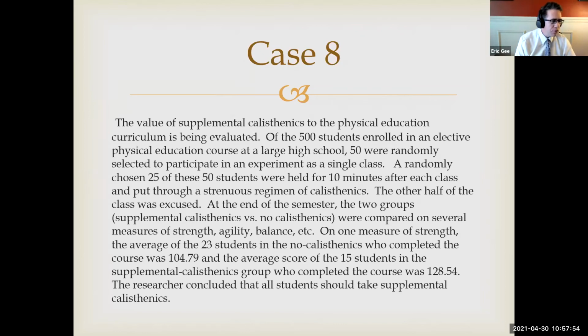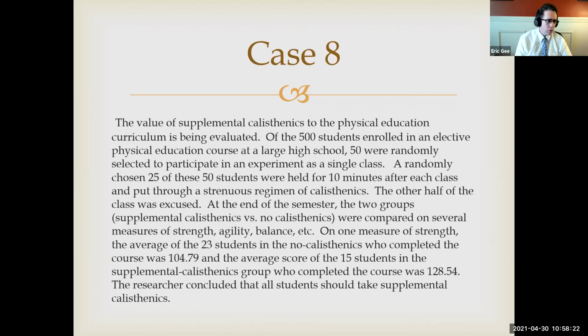At the end of the semester, the two groups, supplemental calisthenics versus no calisthenics, were compared on several measures of strength, agility, balance, etc. One measure of strength: the average of the 23 students in the no calisthenics group who completed the course was 104.79, and the average score of the 15 students in the supplemental calisthenics group who completed the course was 128.5.